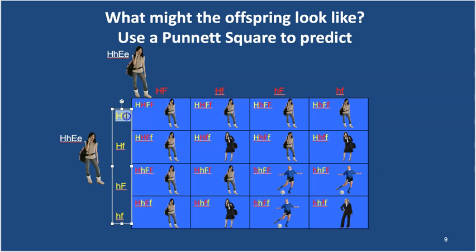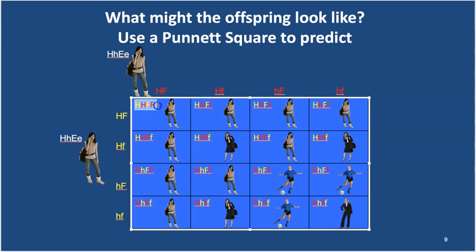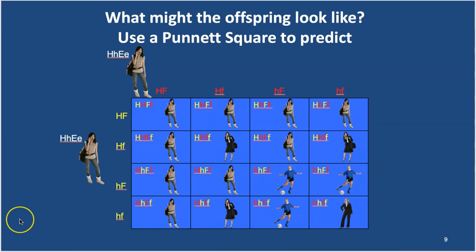The other gamete here, the egg, is also a capital H and a capital F. So those get added. You just complete that through the entire table. This time it's going to be 16 squares in that table. And then you can answer all the questions you would need related to the phenotypes or genotypes of these offspring.